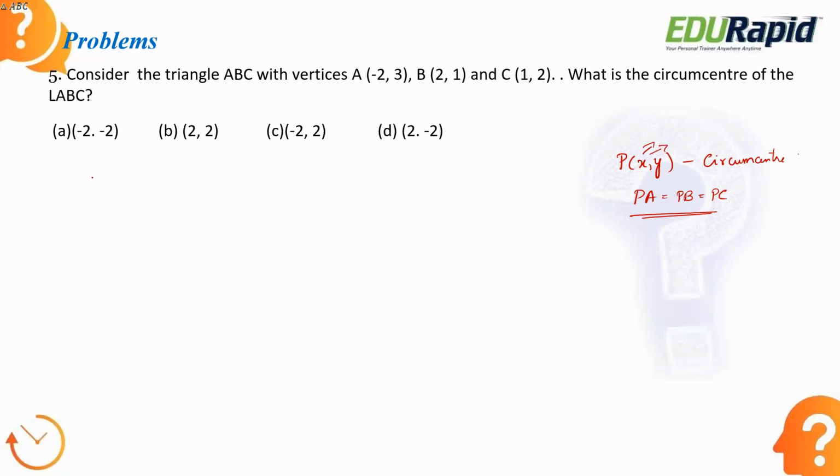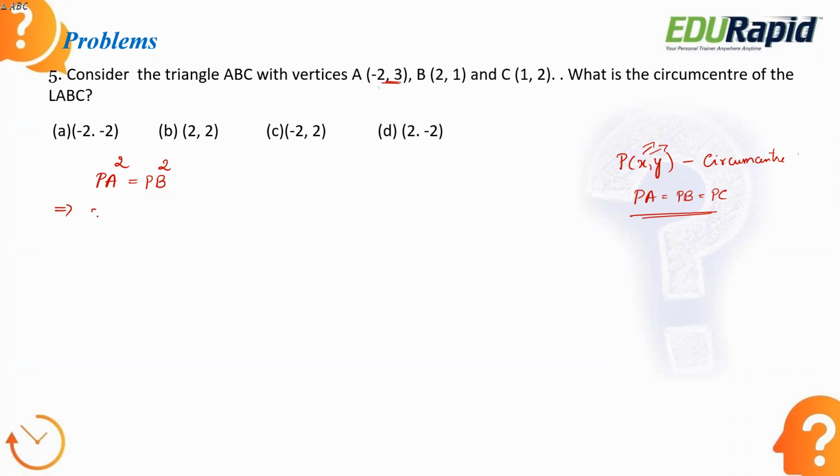So first let us consider, say, PA is equal to PB. Then I can also take it as PA square is equal to PB square. So you have to use what? Distance formula. When you always see PA, it's distance formula.